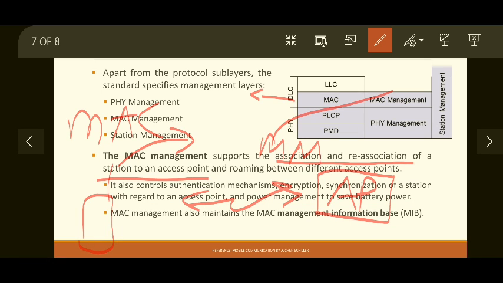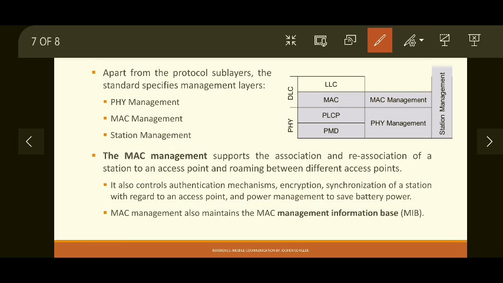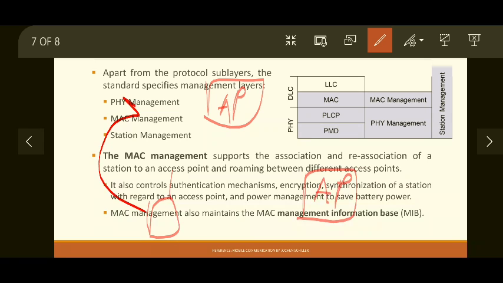Okay, so association, that means connection, and reassociation, that means reconnection in case of loss of connection of a station to an access point, is decided by the MAC management sublayer or MAC management layer. Apart from that, when you change your access point, let's say you are currently in this access point and now move or roam around to the second access point or second basic service set.